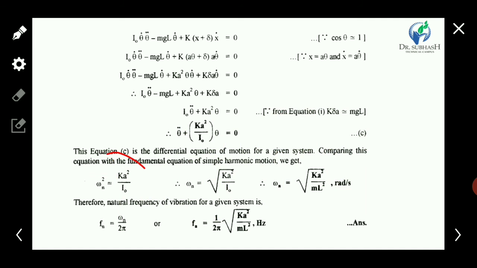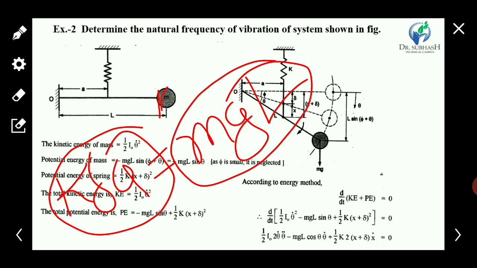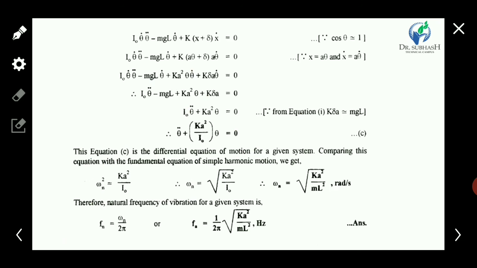So omega n squared is equal to k a square upon I0, and I0's value is put as m l square. For a pendulum, the mass moment of inertia of the pendulum is m l square, where m is the mass or weight attached at the end.